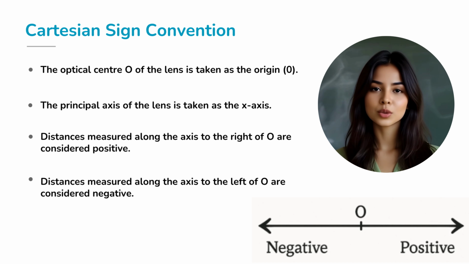Just like traffic rules keep vehicles from colliding, sign conventions keep our formulas neat and prevent confusion when solving numerical problems. So remember, origin at O, right side positive, left side negative. Easy, logical, and absolutely essential for solving lens problems with confidence.